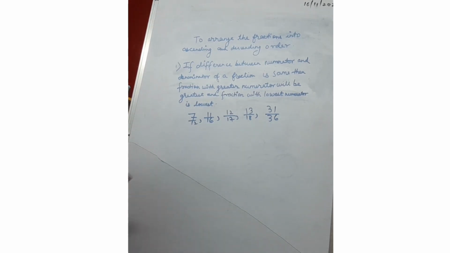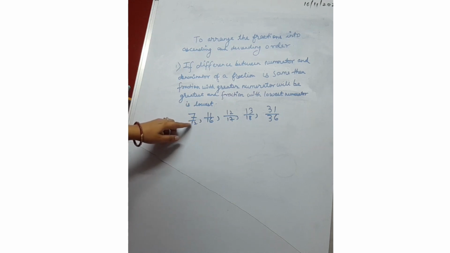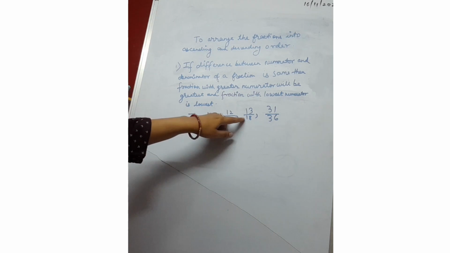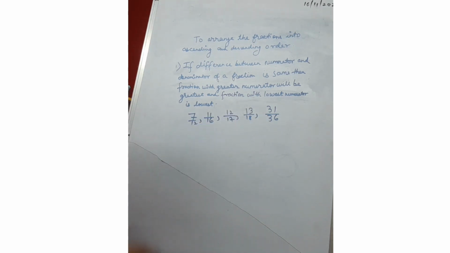see in this sum that the difference between the numerator and denominator is the same for all the fractions. 12 minus 7 is 5, 16 minus 11 is 5, 17 minus 12 is 5, 18 minus 13 is 5, 36 minus 31 is 5. So in all the fractions the difference between numerator and denominator is the same.